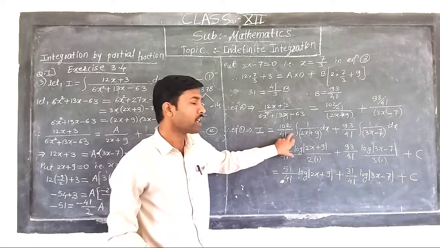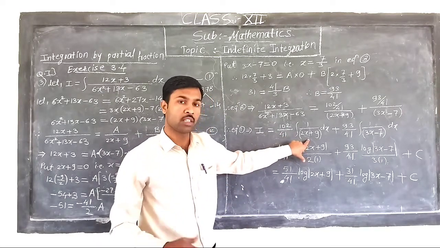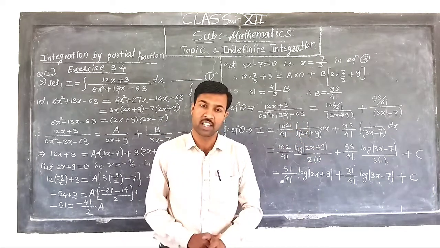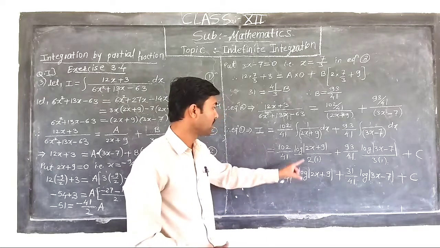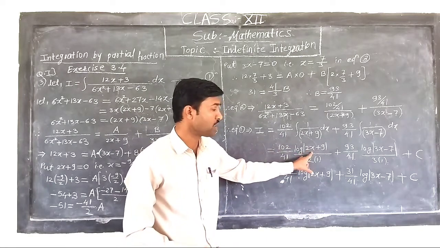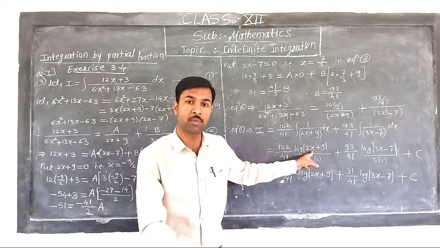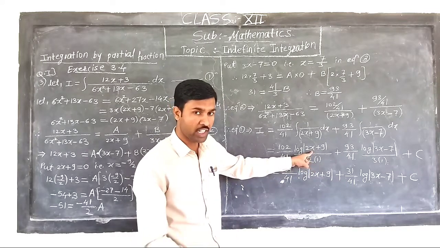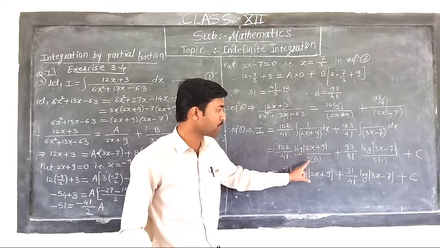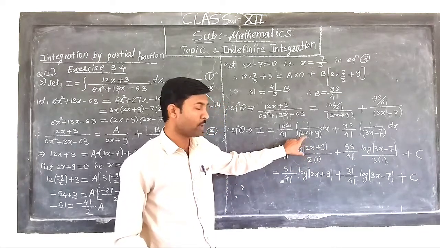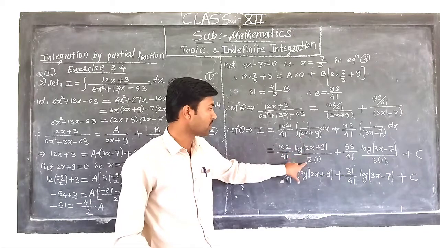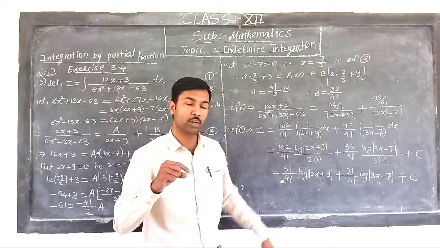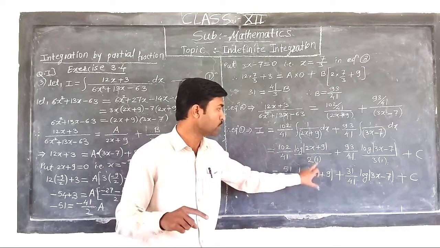After solving, the constant remains as it is. Here, as it is a linear term, the formula for this integration is the integration of 1 upon f of x dx, and it is log of mod of f of x, that is 2x plus 9. As it is a composite function, we have to differentiate this function in the denominator. The derivative of 2x plus 9: 2 is constant, the derivative of x with respect to x is 1, 2 into 1 is 2, plus the derivative of 9 is 0, 2 plus 0 is 2.